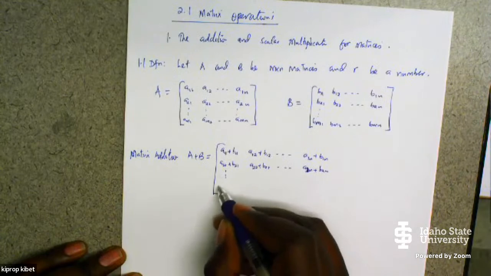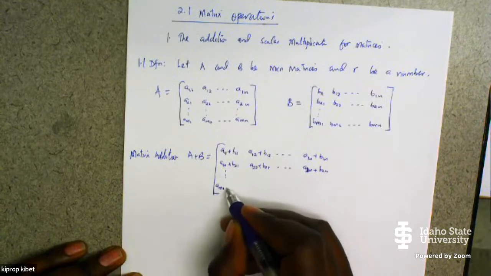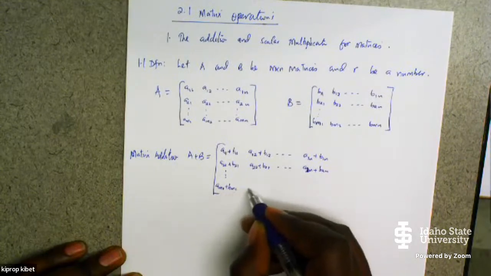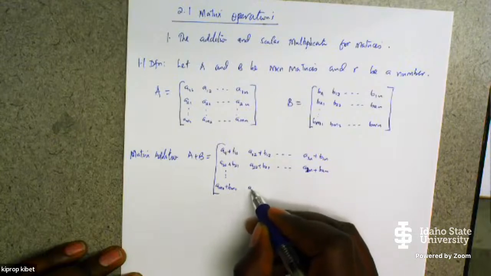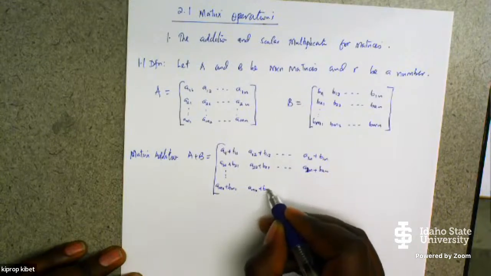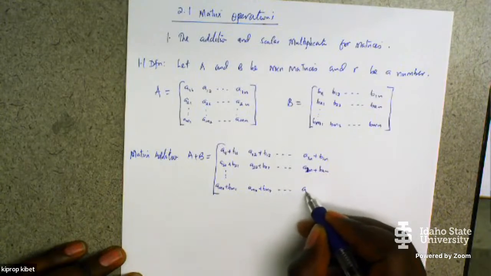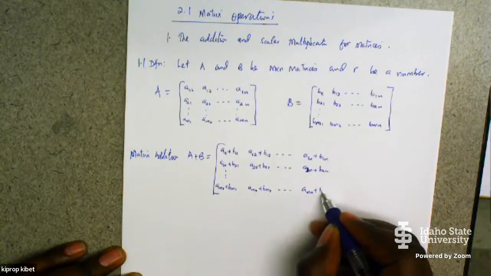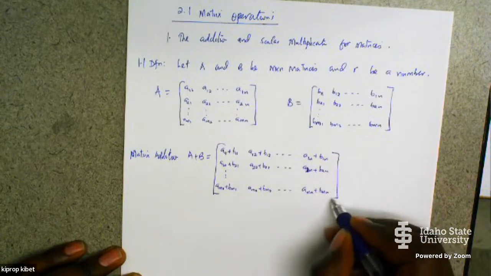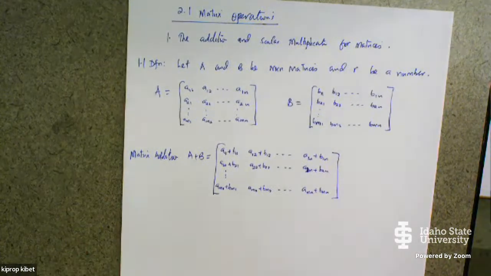Same thing, AM1 plus BM1, AM2 plus BM2, all the way to AMN plus BMN. So that is the addition.